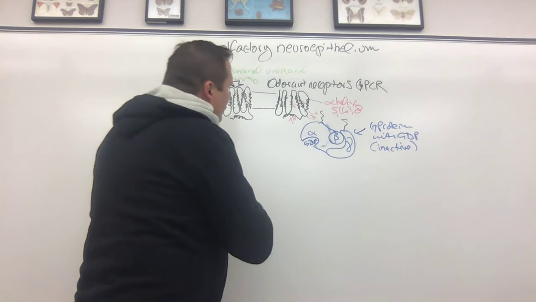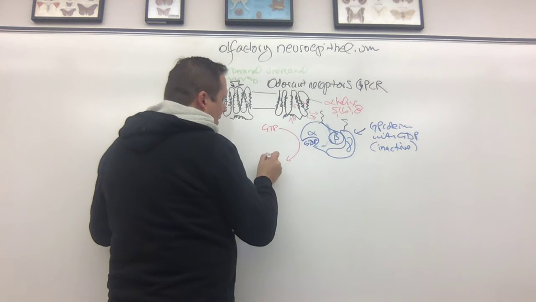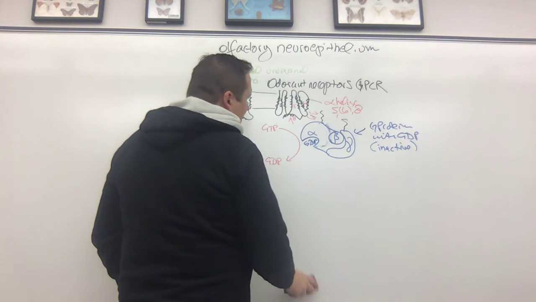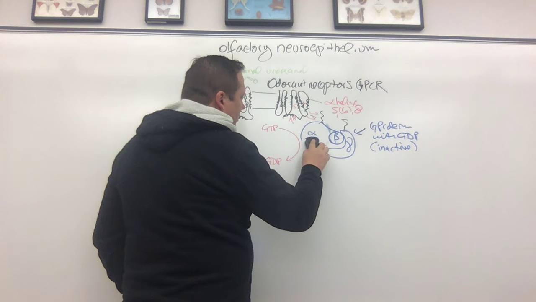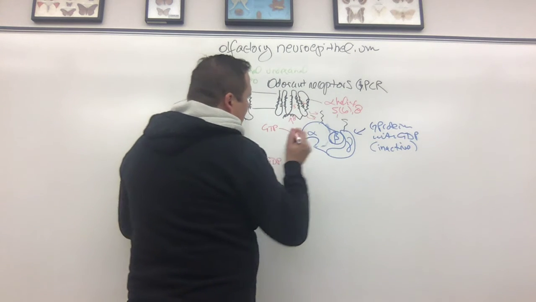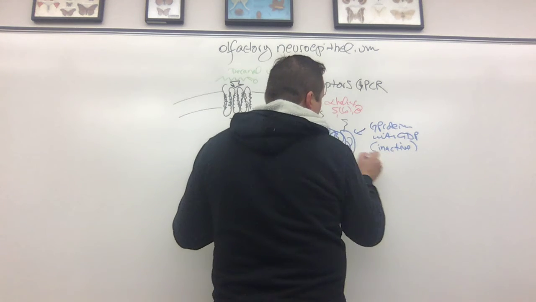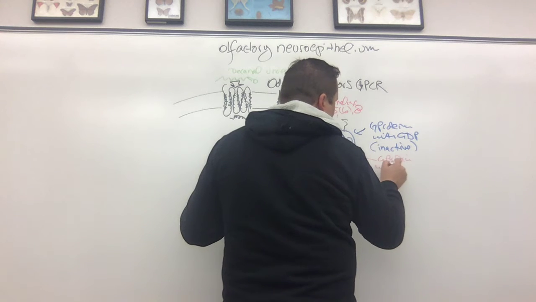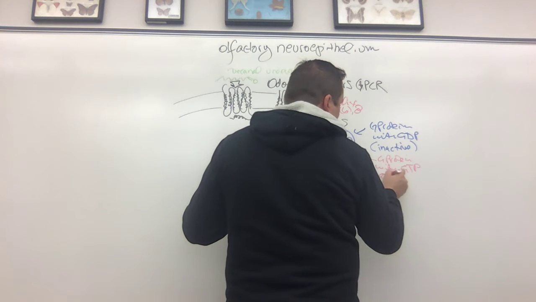So the next step is GTP in and GDP out. Let's change it on here, but I suppose we'd redraw it if we were doing this for a test answer. So now let's put in a GTP. And now it's turned into the G protein with GTP, which is going to be active.